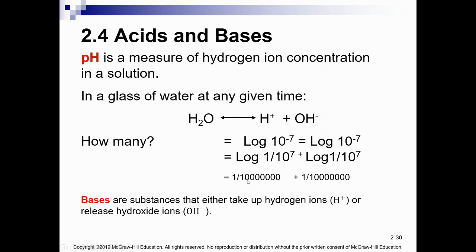The smaller my denominator, the bigger my total number is. So smaller numbers on the pH scale give me more acidity, a higher measure of hydrogen ions. So low numbers on the pH scale are more acidic. High numbers are more basic.